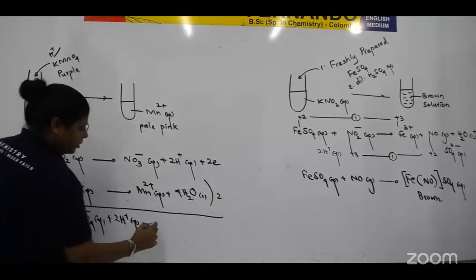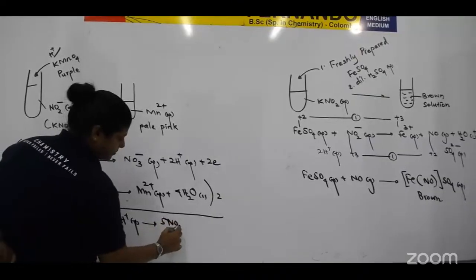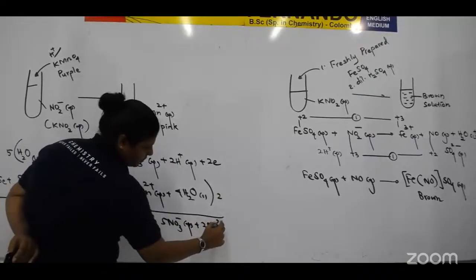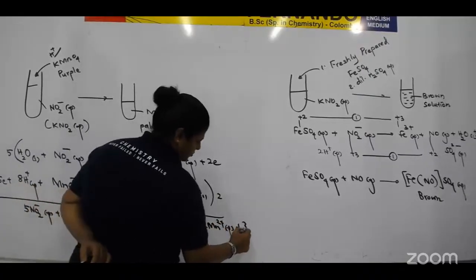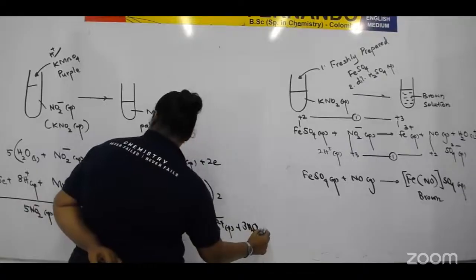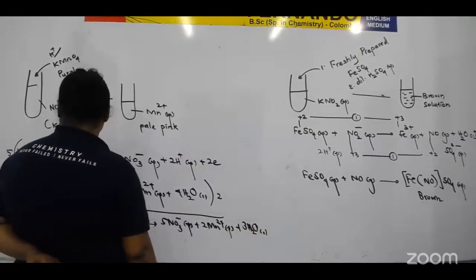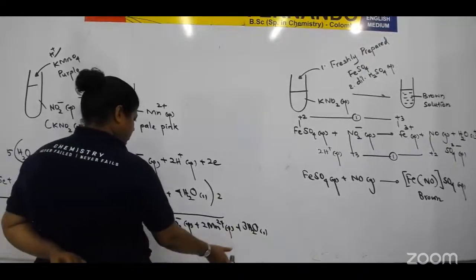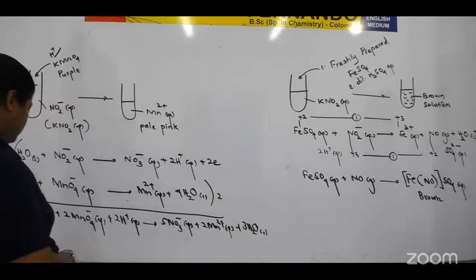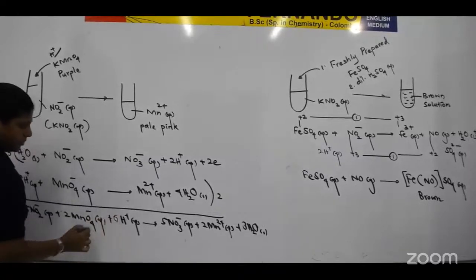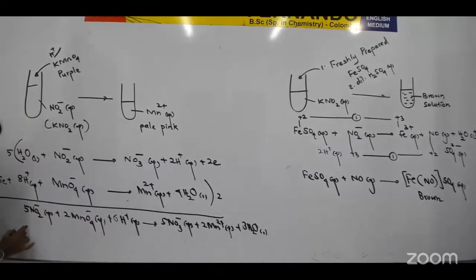Product side: 5 NO3 minus, 2 Mn2 plus, 3 water. That is the ionic balanced reaction.